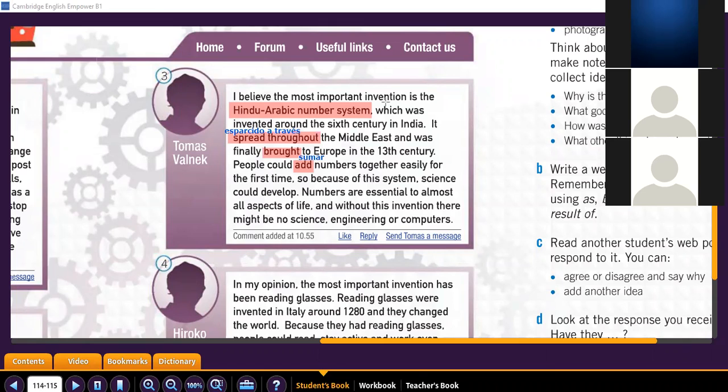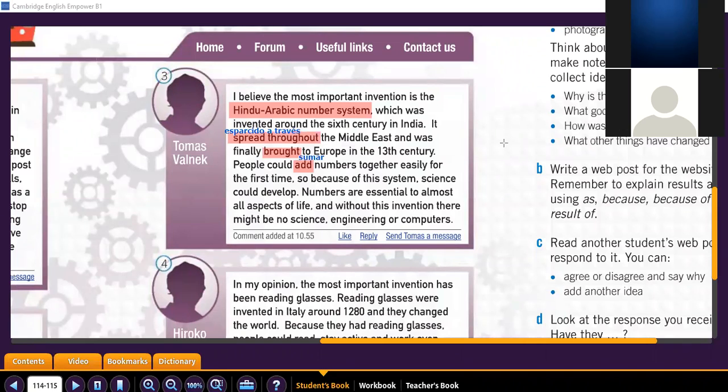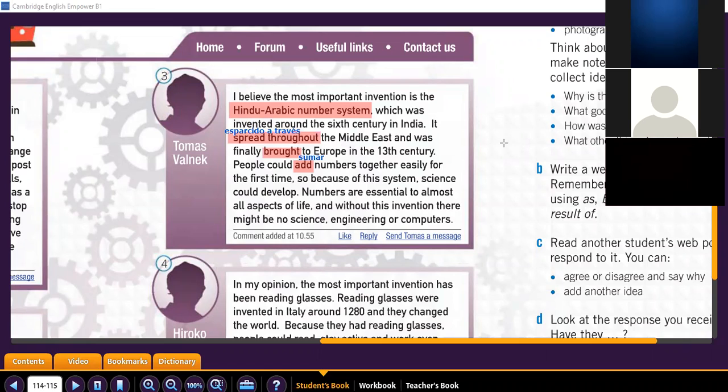So, without this invention, there may not be science, right? Engineering or computers. Para todos los que están estudiando ingenierías, saben que sin los números no serían posibles muchas cosas, ¿verdad? No serían fáciles muchas cosas, ¿no? There may be no science. Tal vez no existiría ni siquiera cierto tipo de ciencias o ingenierías, ¿no?